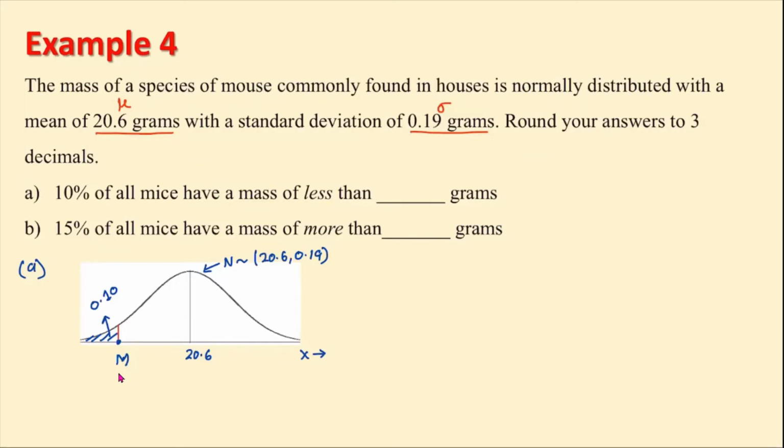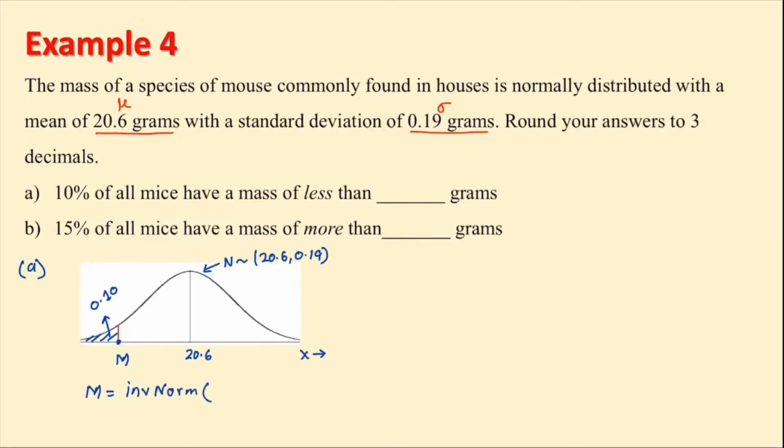So now what we have to do here is, if you want to find that M, whenever you want to find the value along the x-axis, that can be the x value or the z value, and once you know this area, in that case, we use inverse normal in our calculator.